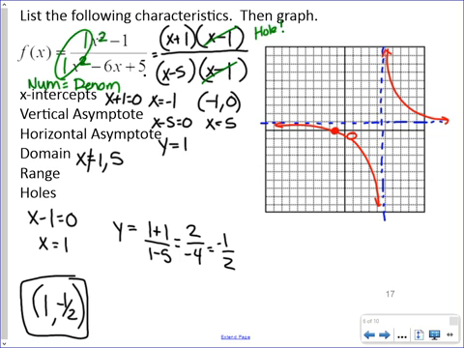That's the x-coordinate of our hole, and the vertical asymptote. Notice those are the 2 answers to your denominator. Range: y cannot be 1 because that's my horizontal asymptote, and I should also include the y coordinate of the hole, so negative 1/2.